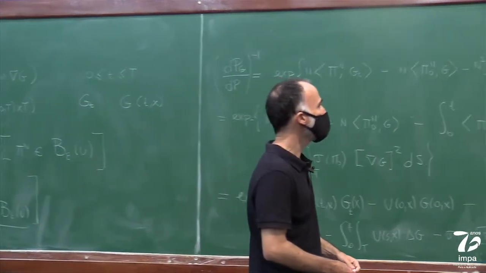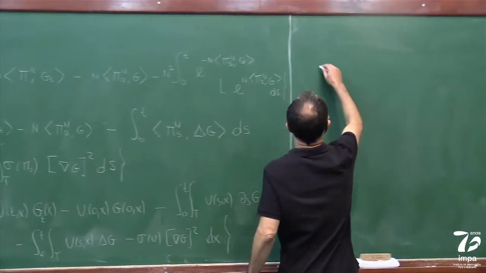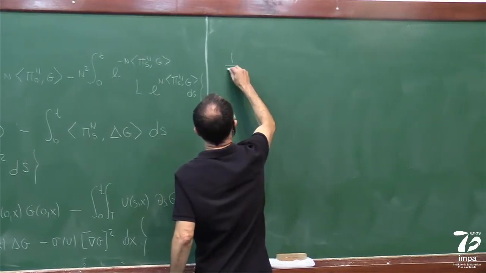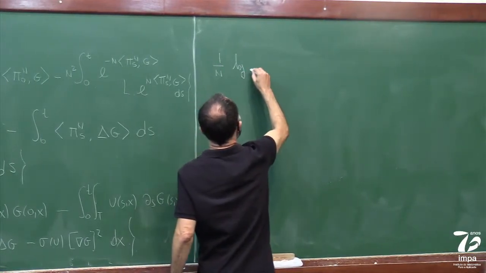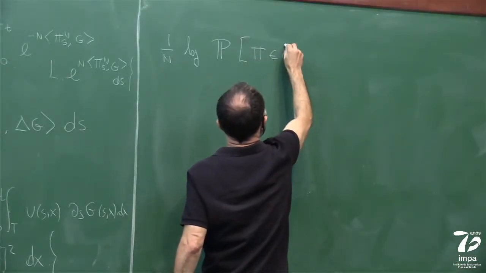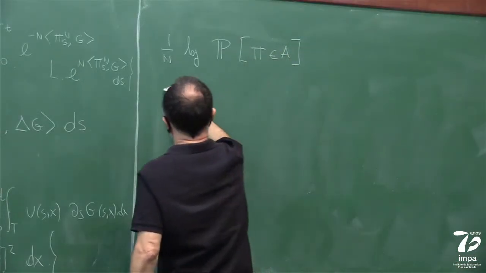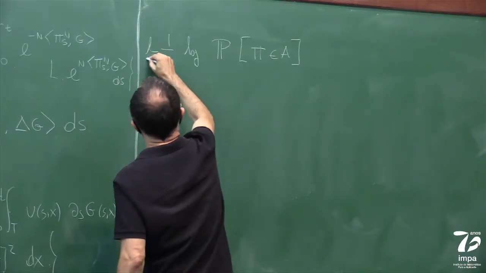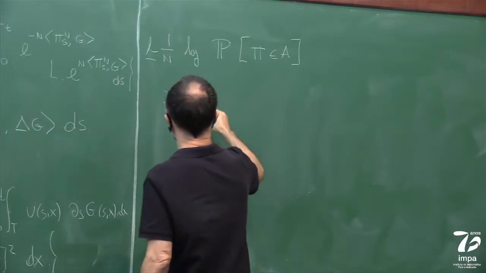So in conclusion, what I have proved is that the liminf of 1 over n log of the probability that pi belongs to A is larger or equal than this expression.